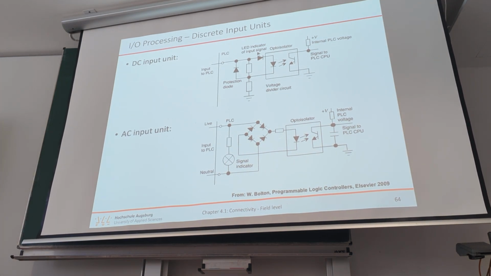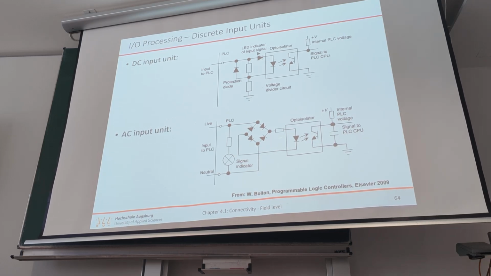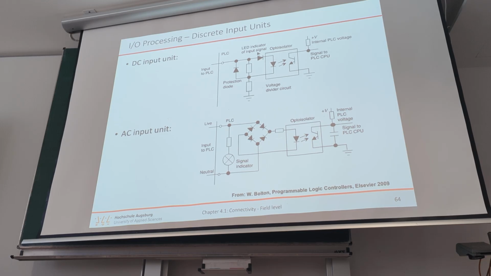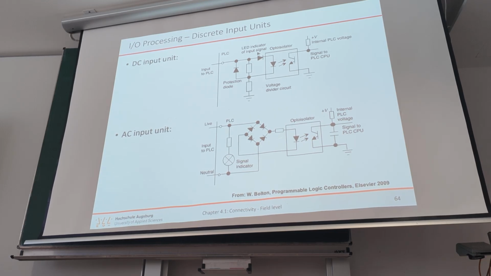And you have an indicator for the input signal, the one that you saw on the I/O that was lighting up when the signal was positive, or was off when the signal was ground or not set.